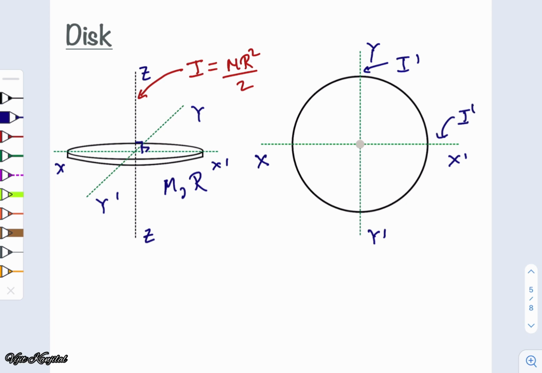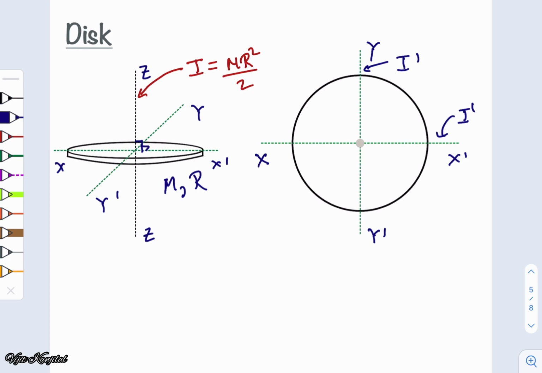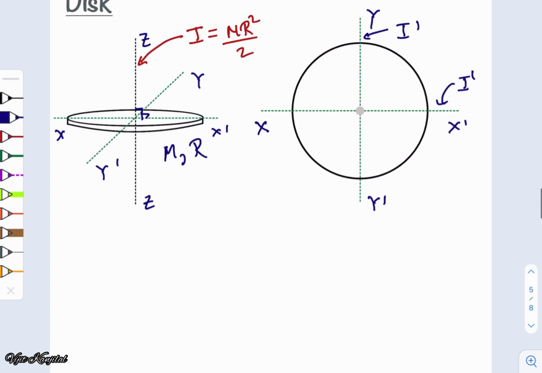This is because there is literally no difference between the distribution of mass if we compare the mass distribution with respect to axes x dash and y dash. So according to the perpendicular axis theorem, Iz would be Ix plus Iy.